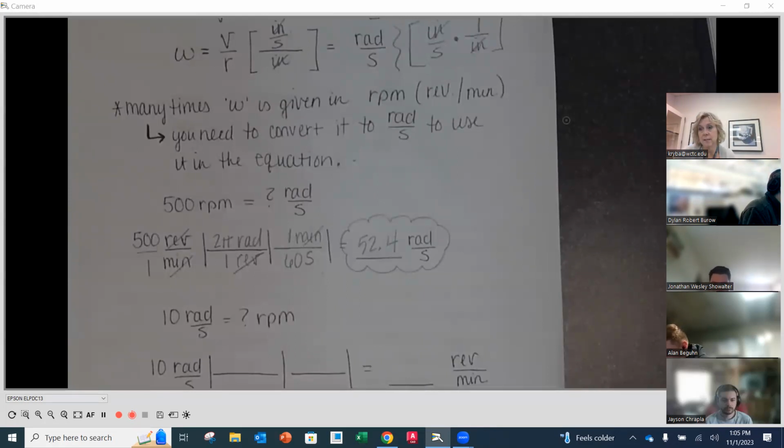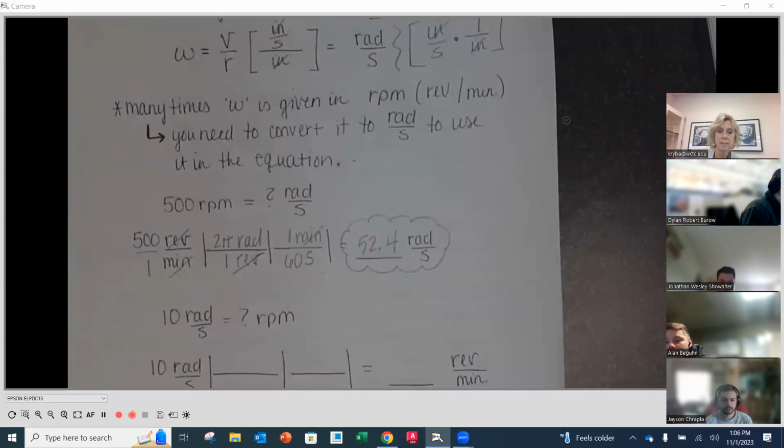I said, well, you're in physics. You've got to do it. By the end of physics, they were doing it in their other classes too. They said it makes more sense when they write these equations out, because even in electromech or electrical classes, you've got units and you don't want to just hope for the best when you get to the end. Did it actually work out? Units will be your clue, right?